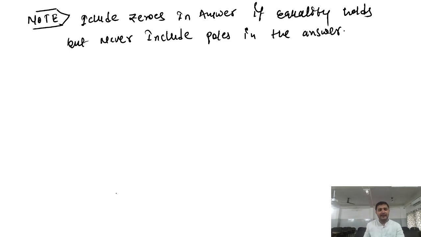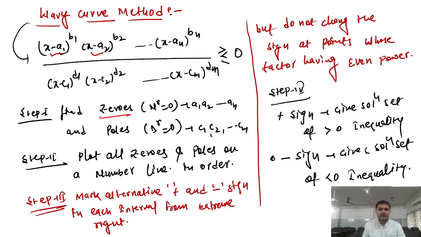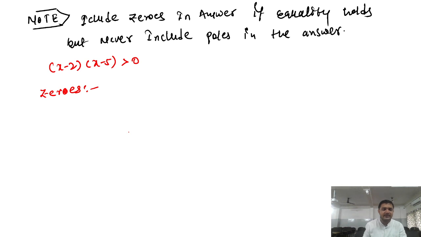Now we'll start with the very first question which we have solved till now: x minus 2 into x minus 5 greater than 0. Step 1: find zeros and poles. Zeros are all the x values where the numerator equals 0, so those are 2 and 5.